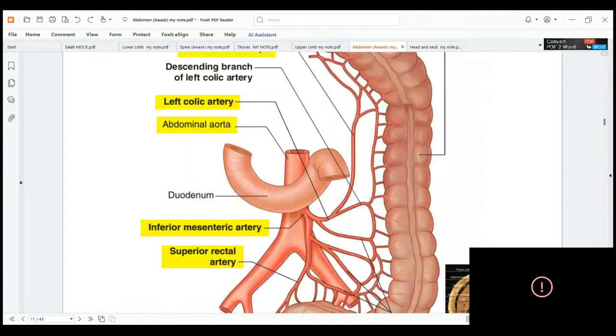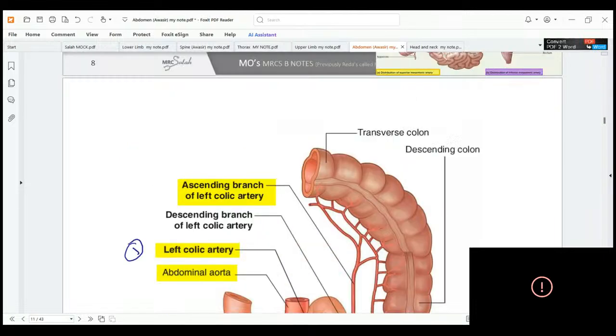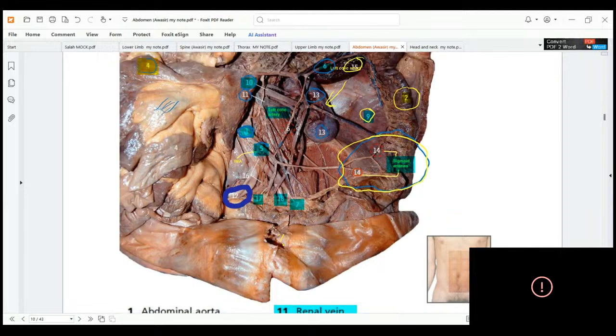This is the ascending branch of the left colic. Sorry, superior rectal is 17. 18 is the vein. So number 5 gives above 6, which is left colic, transverse. It gives 14, which is sigmoid. Below it gives 17, which is superior rectal.